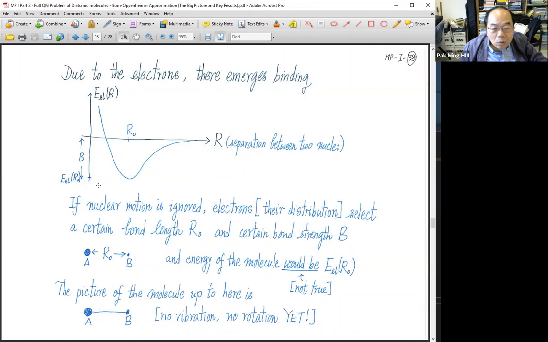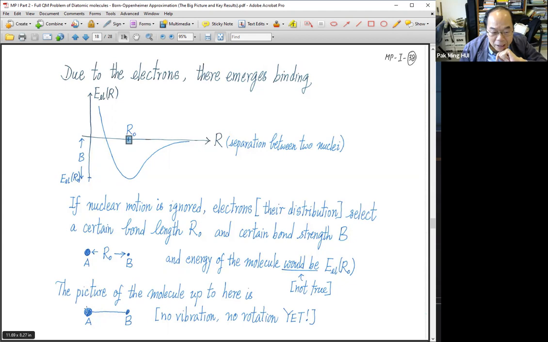And now with this binding curve, we have to go back to the original Schrödinger equation with the kinetic energy of the nuclear motion. Once we include that back, we can consider vibration and rotation, okay? If you stay at the electron problem, then the answer is, this is the preferred separation, okay?